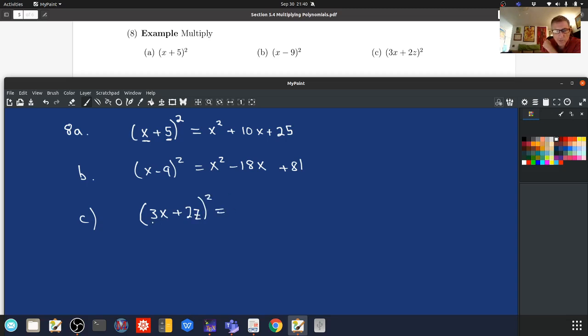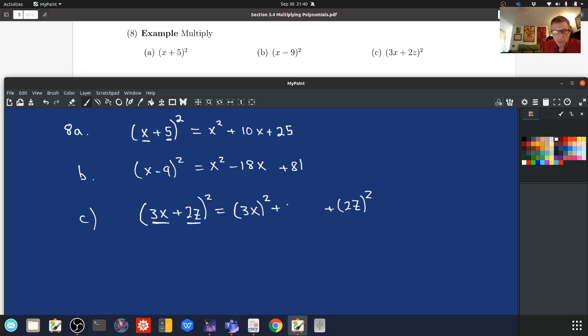So my first term here is 3x. So I'm going to do this in 2 steps. So it's going to be 3x squared. My last term is 2z. So I'm going to do plus 2z squared. In my middle term, my 2 terms in parentheses multiplied together, 2 times 3 is 6. x times z is xz. So that's 6xz, and then I have to multiply it by 2.